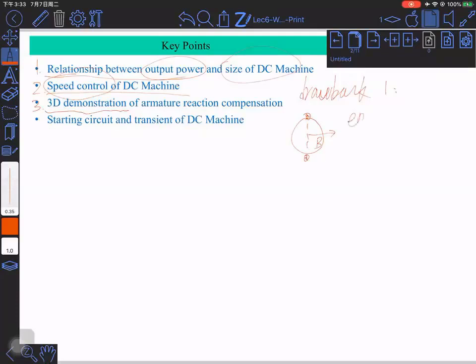So the induced electromotive force is not zero. And this electromotive force dropped on a very low internal resistance is going to give us a huge current. And this current generally sparks at the joints of the commutator and the brushes, shortening the lifespan of the commutator and the brushes. But this is only one drawback.